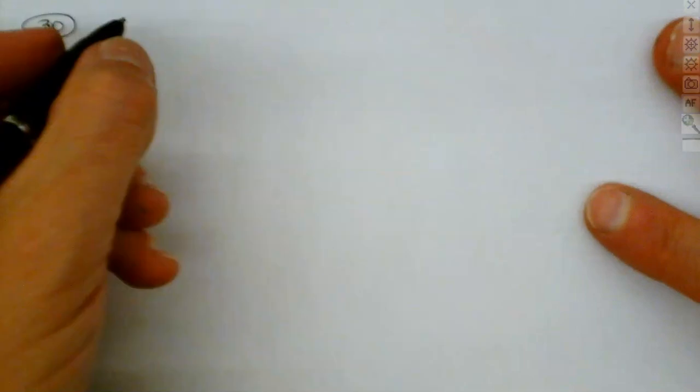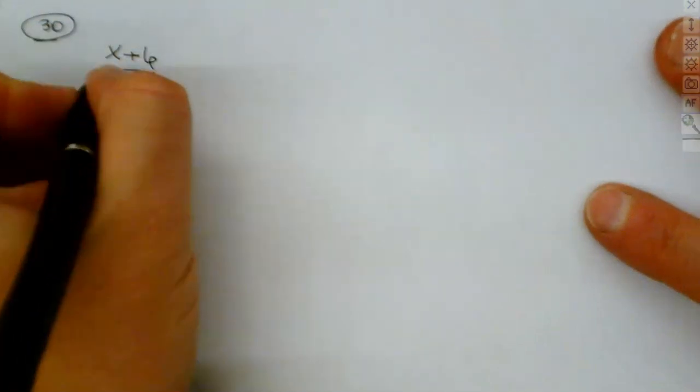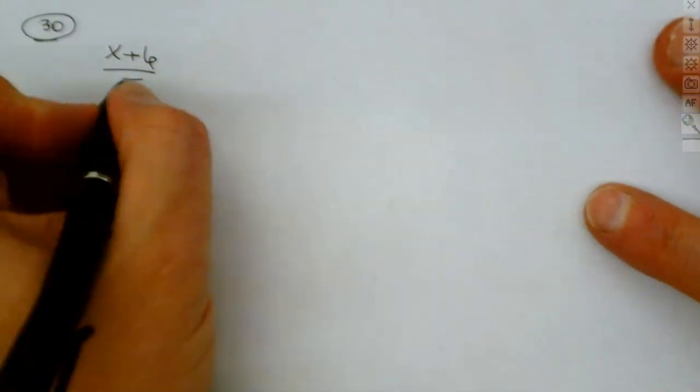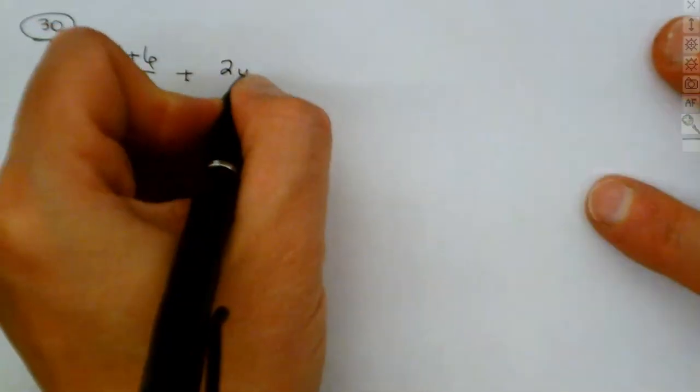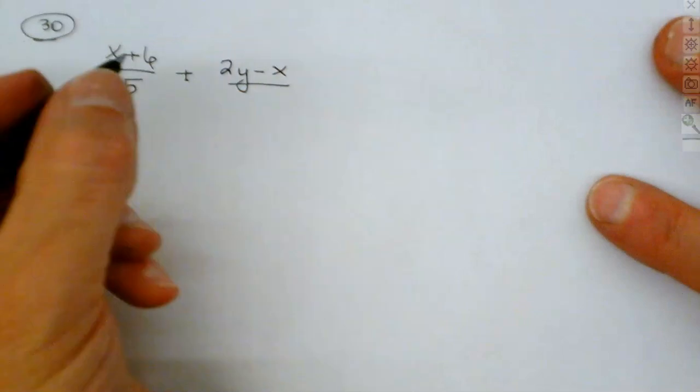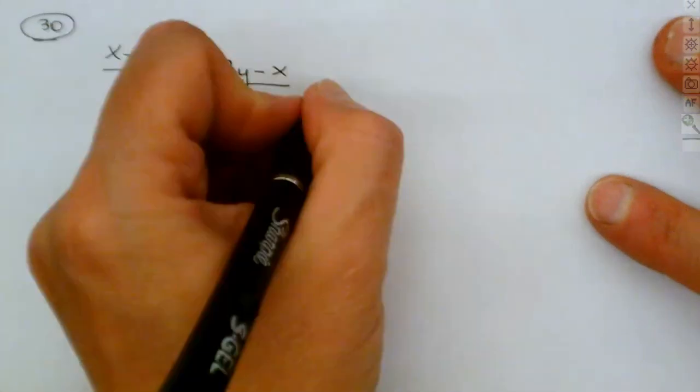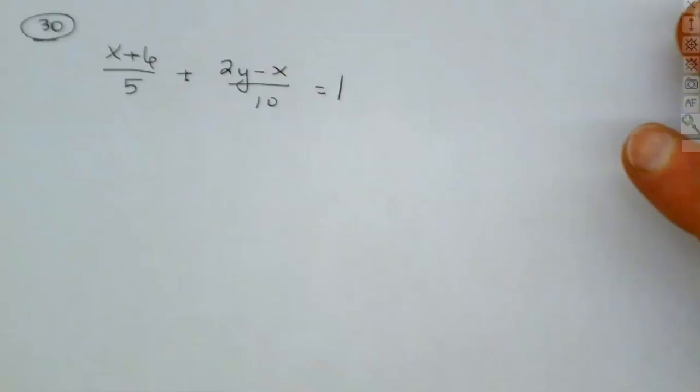For question 30, we've got x plus 6 over 5 plus 2y minus x over 10 equals 1, right?